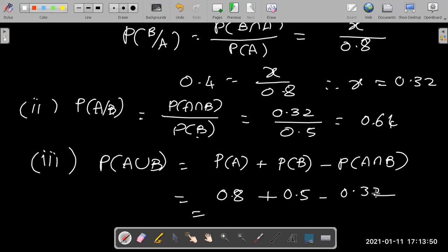So 0.5 minus 0.32 is 0.18, and 0.8 plus 0.18 is 0.98. So that's the answer for that.